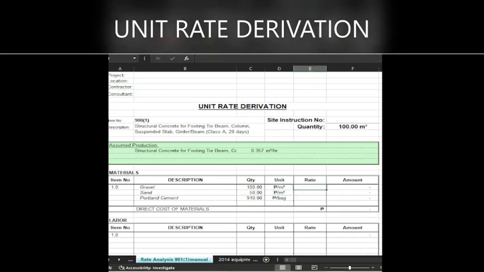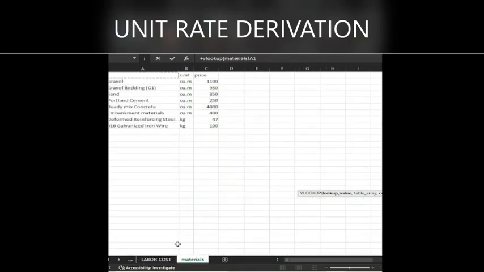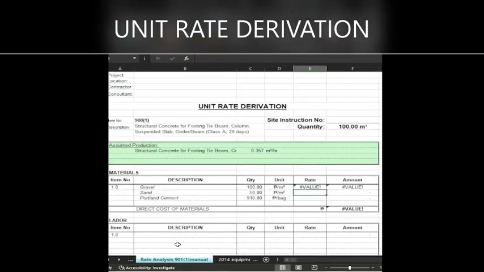My prices are already in the other page. I will just use VLOOKUP for this, to look up the prices in the other page. VLOOKUP this one, and the column index is 3. Then just put in the right formula, guys.